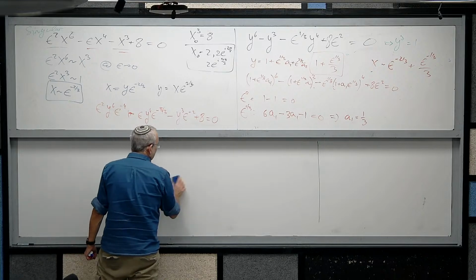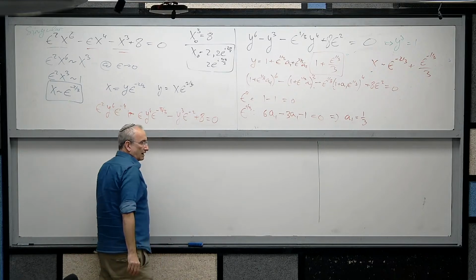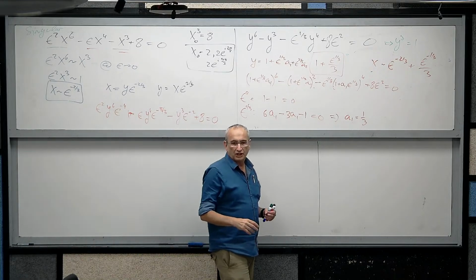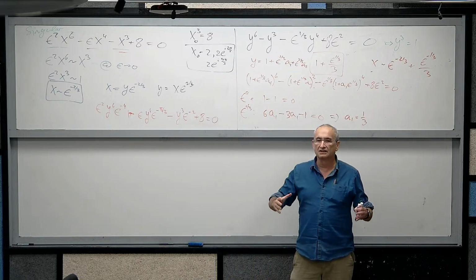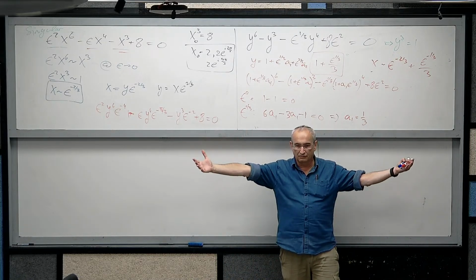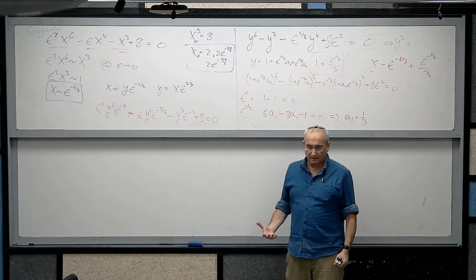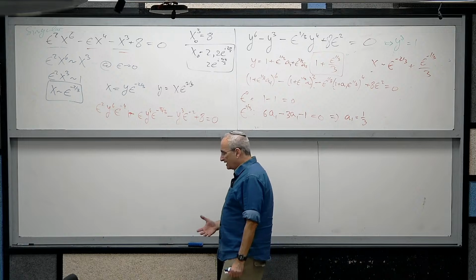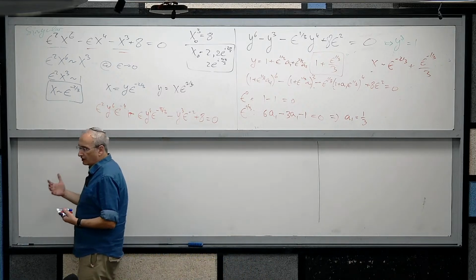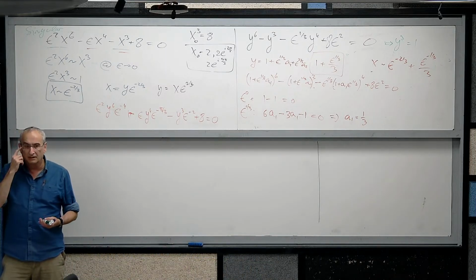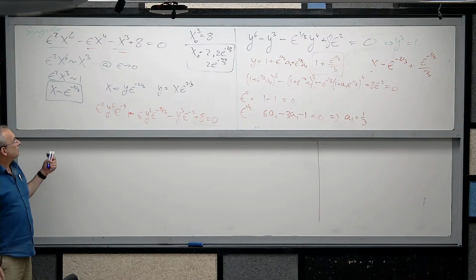Number 2, when you have singular perturbation, at least some of the solutions disappear as epsilon goes to 0. Okay? Number 3, in order to take care of the situation, at least when it is possible, you can change variables.